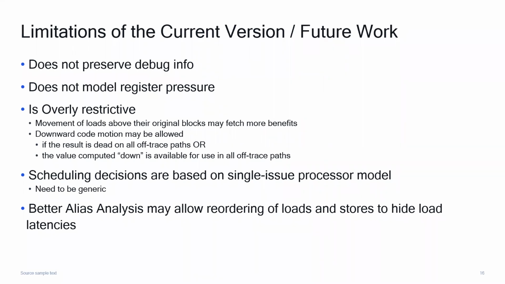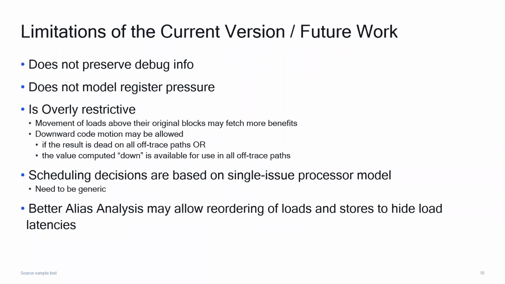Similarly, if we are loading from a stack-based address, provided that the offset is within the bounds, then we are sure that that load will not raise an exception. So it's okay to move such loads. Secondly, downward code motion may be allowed if the result is dead on all off-trace paths, so we can make these relaxations without adding any overhead code.